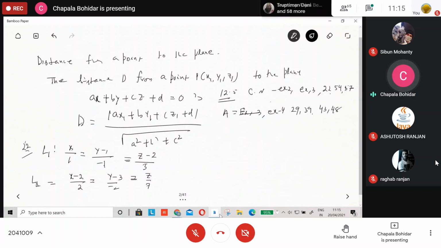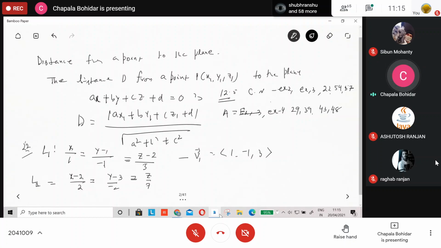What are the components of the direction vectors? For L1, the vector V1 is 1, minus 1, 3.